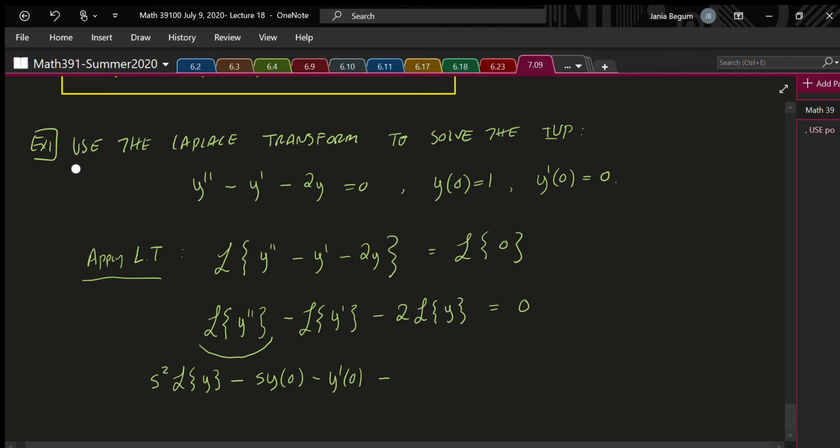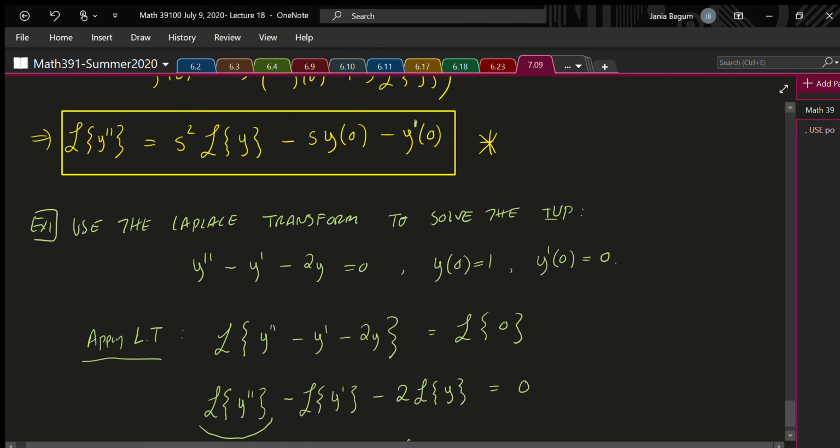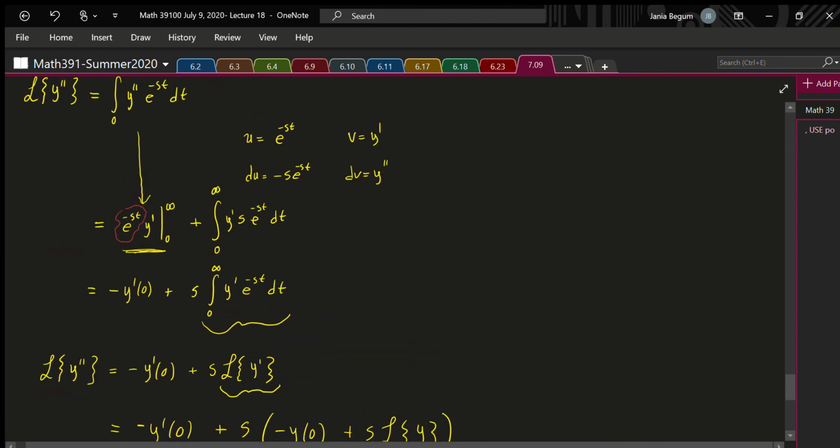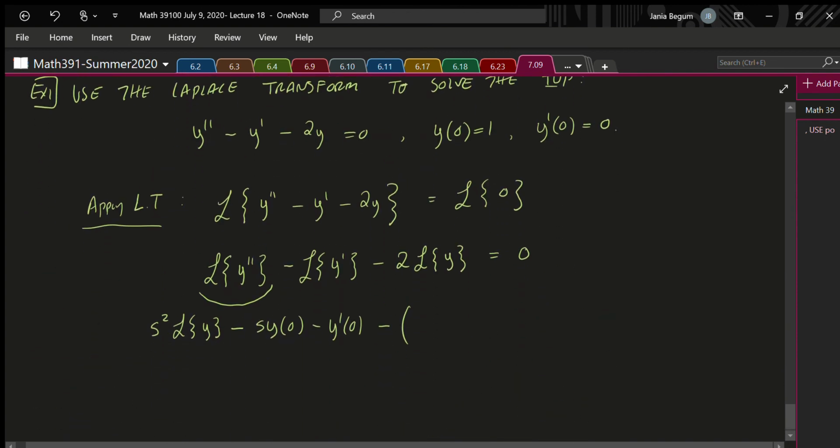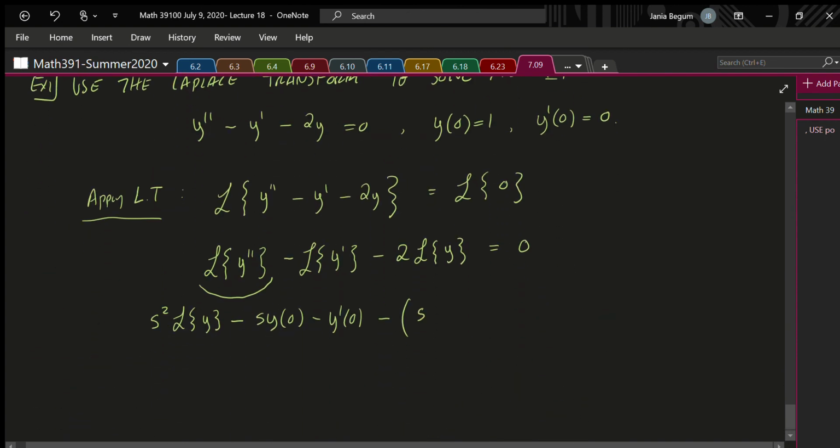So what was the expression for Laplace transform of y prime? If you go back, that was this: s times Laplace transform of y minus y of 0. So that's what I'm going to plug in here. This is s times Laplace transform of y minus y of 0, and then minus 2 times the Laplace transform of y equals 0.